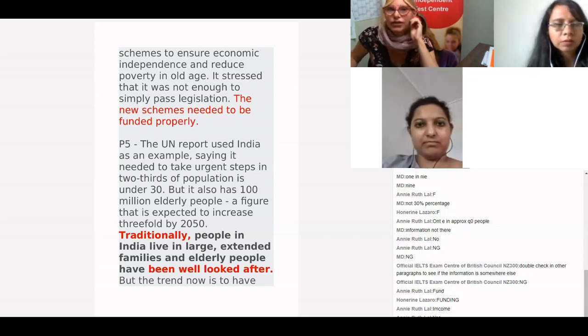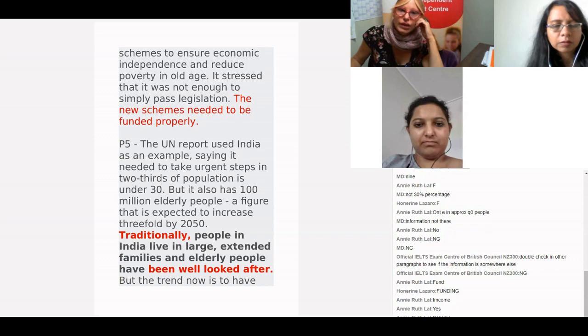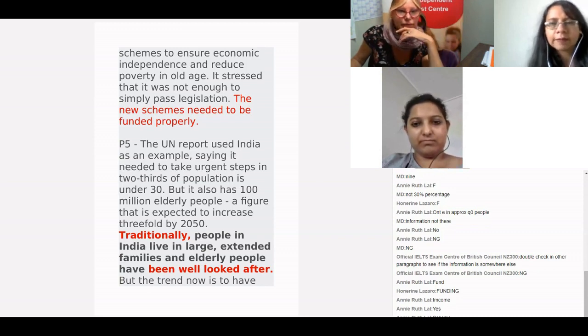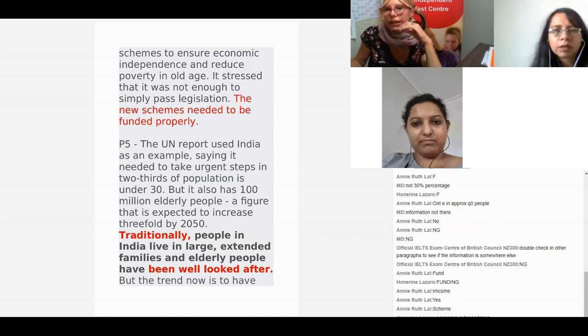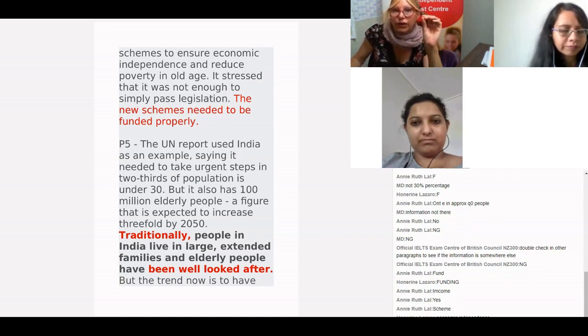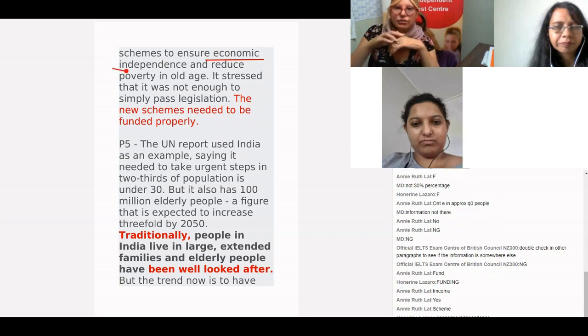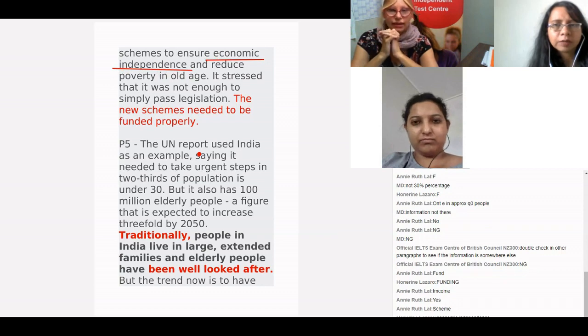I must say I made it a little bit easy for you because I do use a different colour. What words can you see that jump out as being a synonym? Yes, that could be a trick though. That could be like a little trick to distract you. Economic independence is related to money, but is it the same as the word that we're looking for, financing?